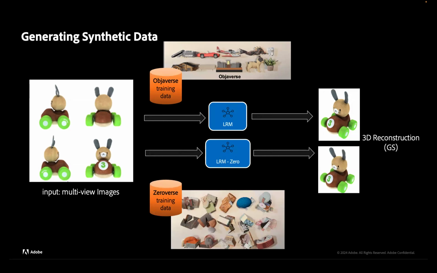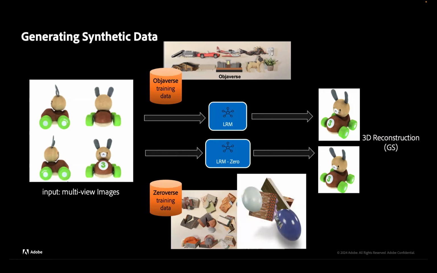And we can also feed this into the same model, but trained on what we call Zeroverse. I thought it was a very clever name, which is really just a combination of 3D assets that are mixed and matched and composed in different ways. You can see the example here. There's nothing semantic about it.